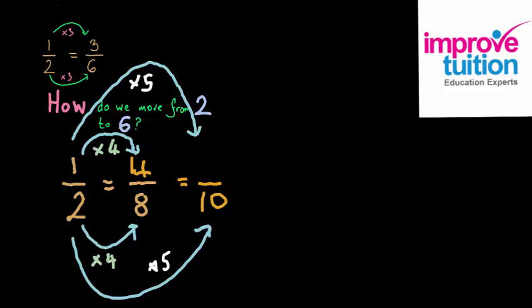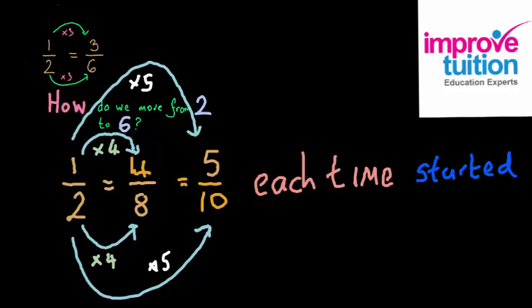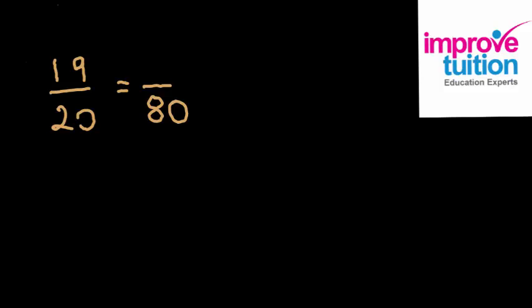Again, we're working with equivalent fractions, fractions that are equal. So a half is equal to 5/10. A half is equal to 4/8. Each time we started from a half.